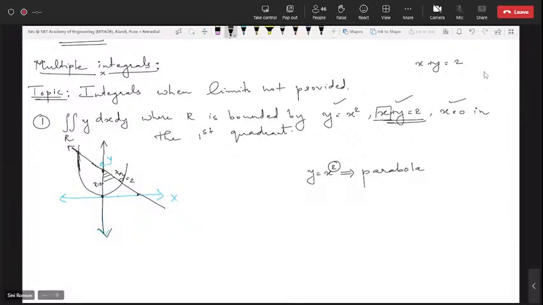Can I say this is the region? Yes or no? Which is bounded by y equal to x squared, x plus y equal to 2 and x equal to 0. Students, if I had said y equal to x squared, x plus y equal to 2 and y equal to 0, what is y equal to 0? The x axis. Can you tell me what the region would be at that time? Which region would it be if I had given y equal to 0, meaning the x axis? This region would come at that time. Understood or not?